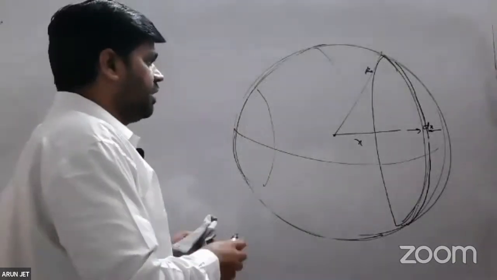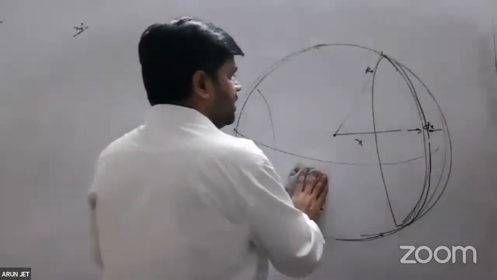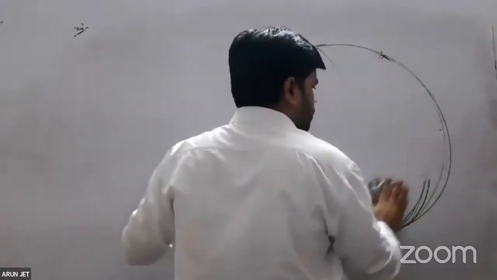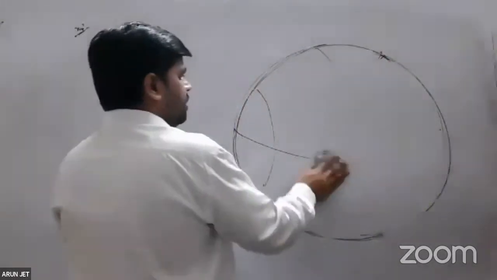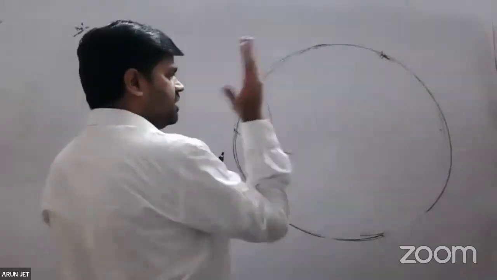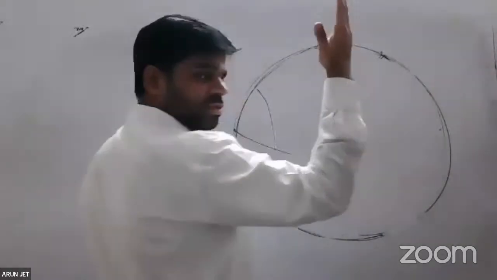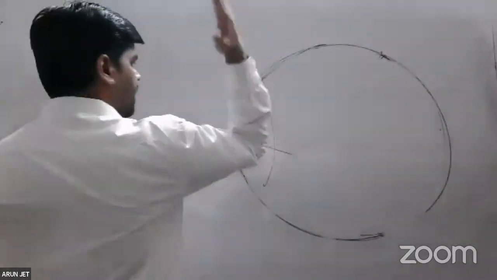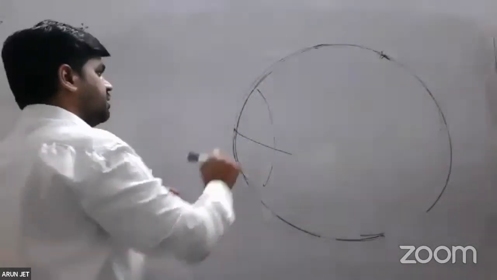I repeat, I've got a sphere. I section this sphere with a vertical plane like this.